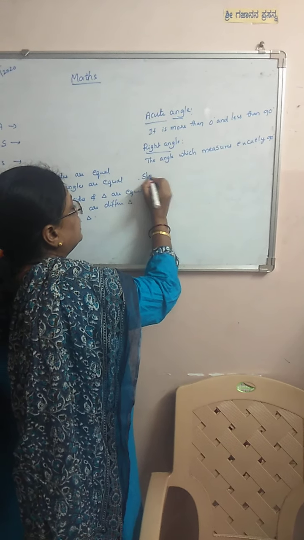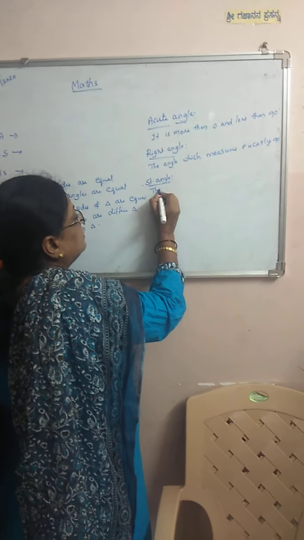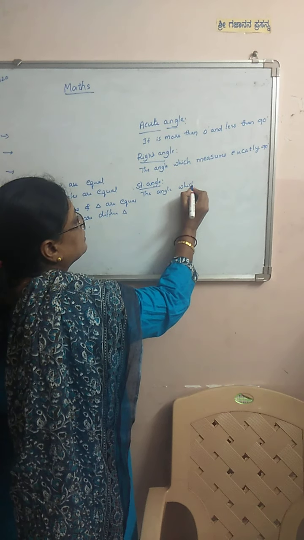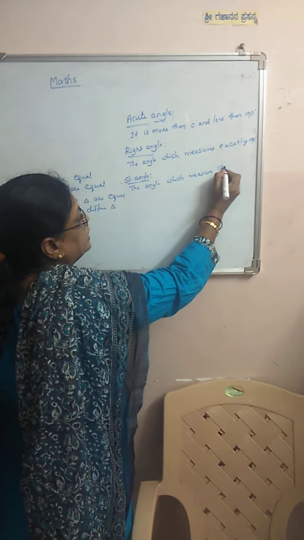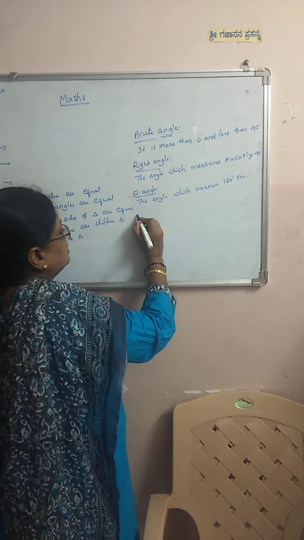Then comes straight angle. The angle which measures 180 degree is called a straight angle. Then comes reflex angle.